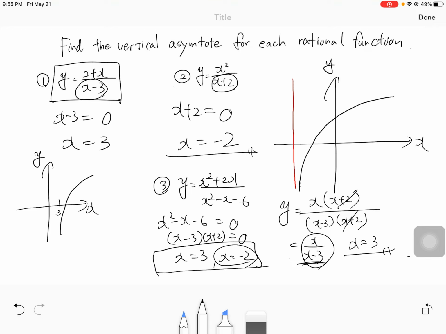First, you have to make sure you can't cancel out the function anymore. Like number 1 and number 2, you can't cancel out anymore. Then you can find the x value that makes the denominator 0. So you have to be a little bit careful in this case. That's all.